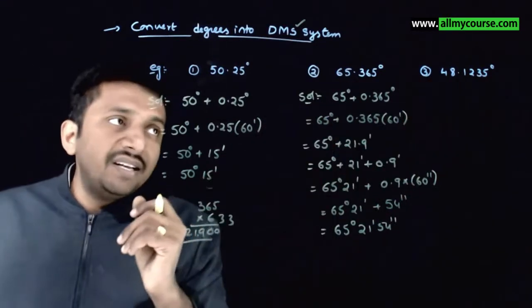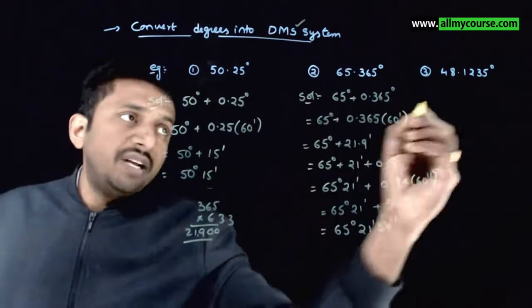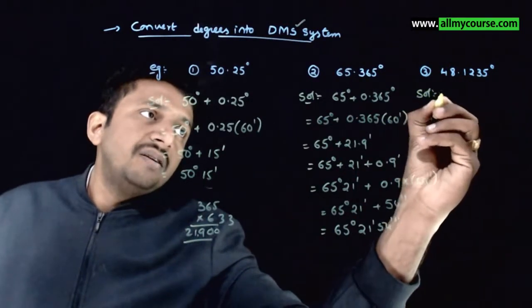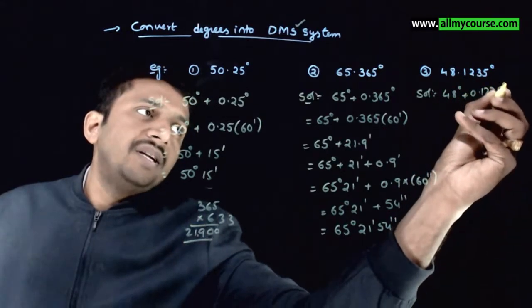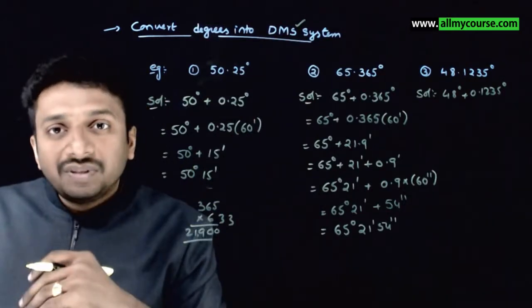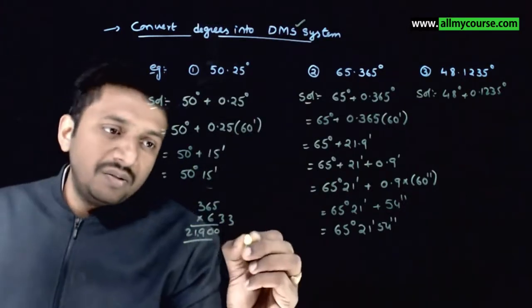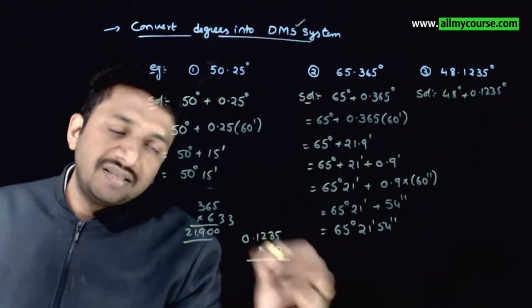Next, you have 48.1235 degrees. That is nothing but 48 degrees plus 0.1235 degrees. So 0.1235 degrees, if I convert into minutes, is 0.1235 times 60.